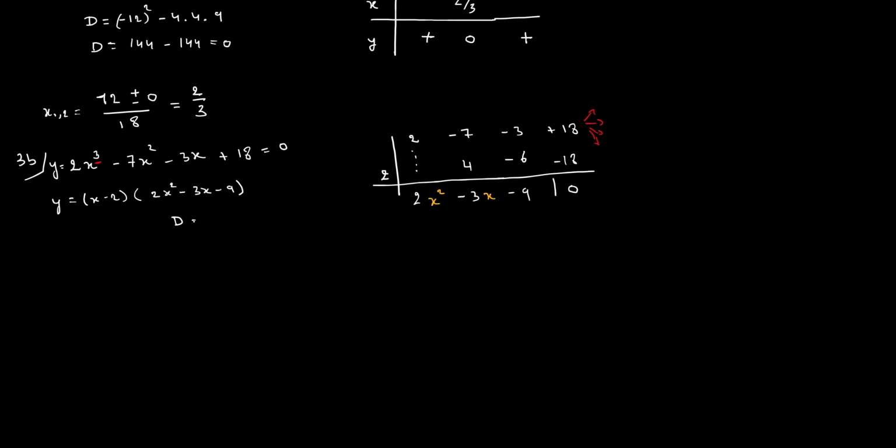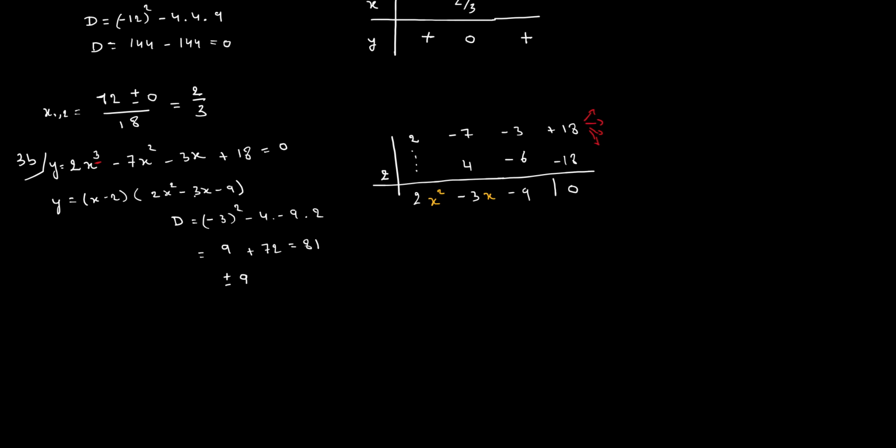And we say, well, the discriminant is equal to minus 3 squared minus 4 times minus 9 times 2, which is going to give you 9 plus 72. So your discriminant is going to be 81. Meaning that we can find a couple of roots, which says plus minus square root of 81, which is going to be 9.